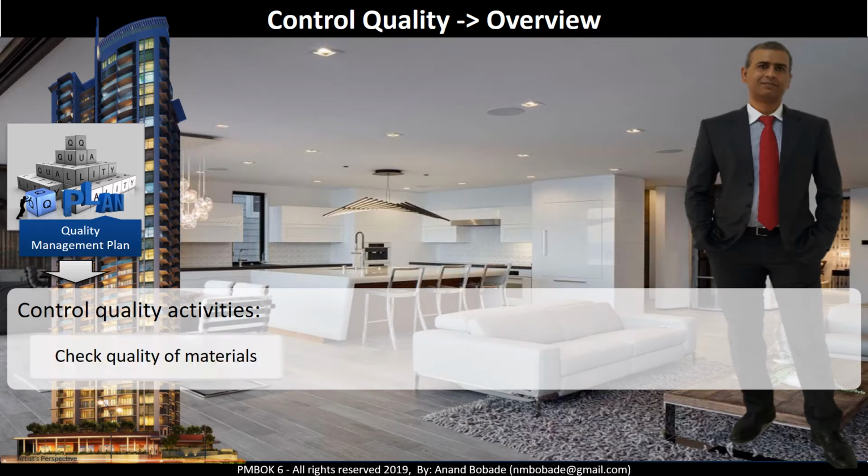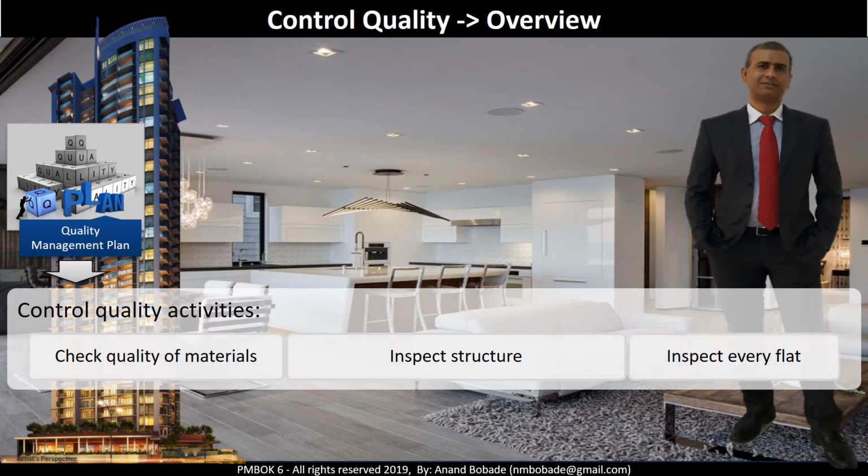Activities like checking the quality of material used in construction, like cement, iron, etc. Of course, there are many materials used. Every floor will go through inspection to ensure there are no cracks in the pillar and the structure is built as per the agreed requirement. Once the flat is built, the inspection team will ensure walls are painted properly with the agreed color, tiles are fixed correctly, and cupboards are built according to the specification.